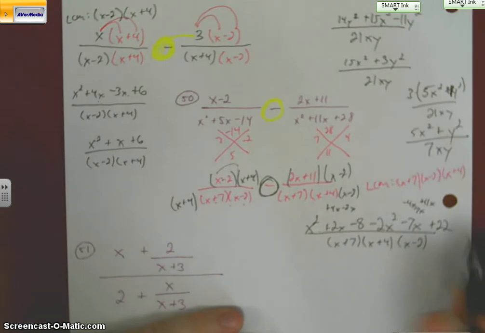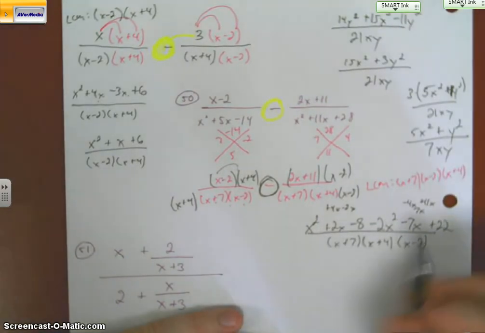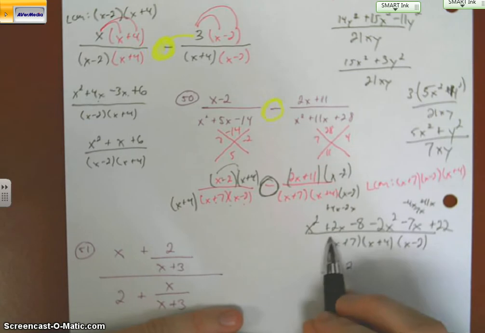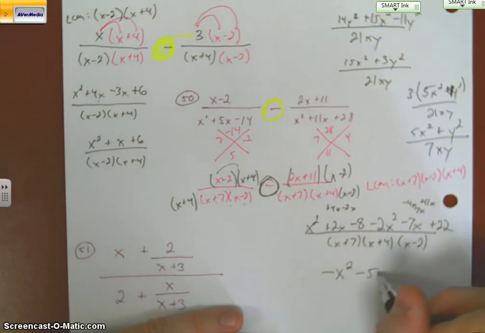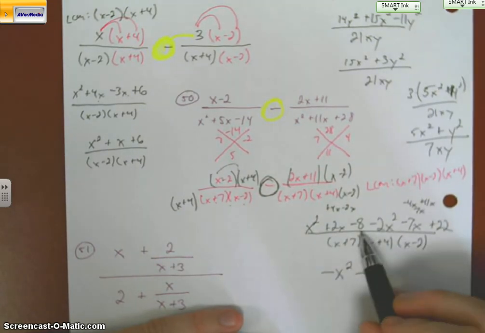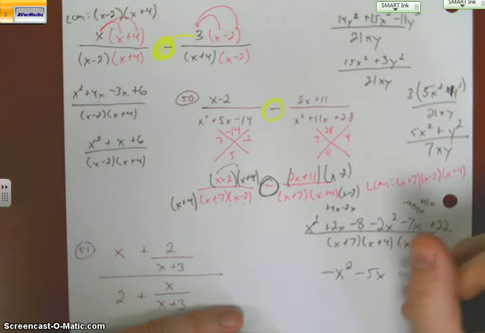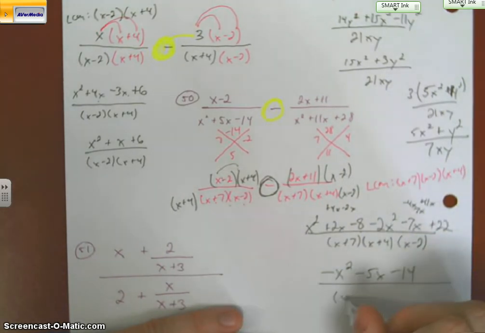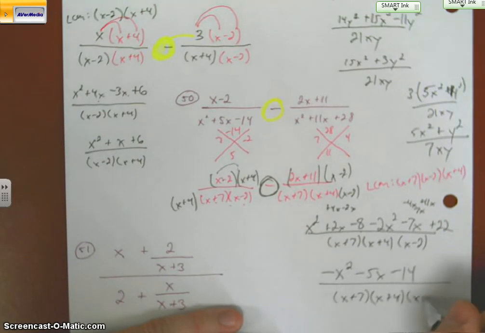Okay, let's go ahead and collect like terms. X squared minus 2x is negative x squared. 2x minus 7x is negative 5x. Negative 8 plus 22 is a negative 14. Let's factor out a negative.